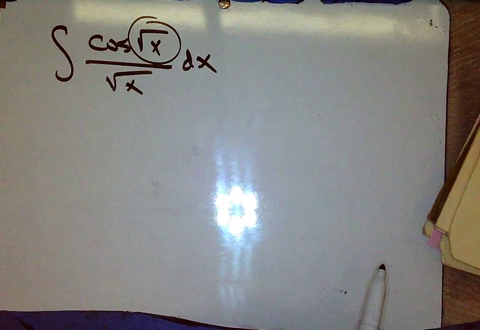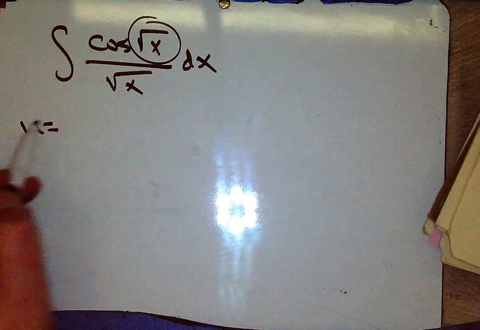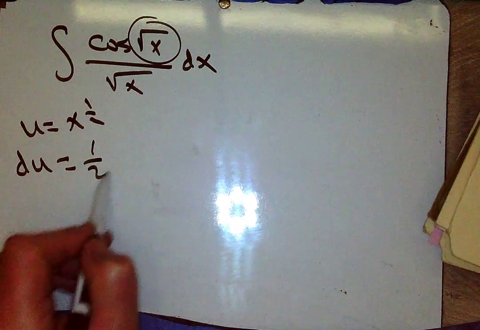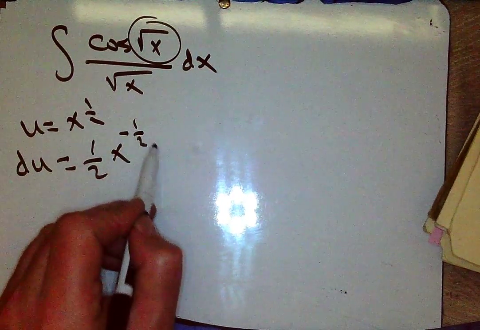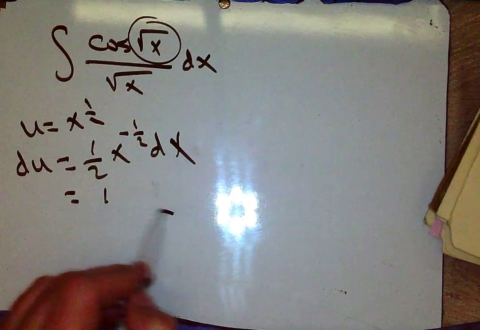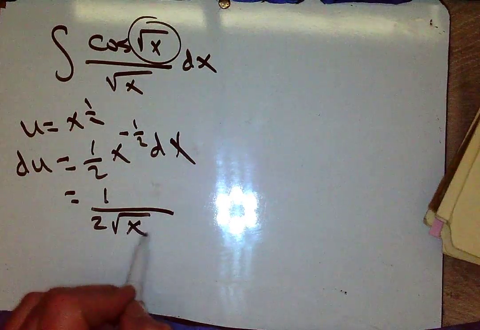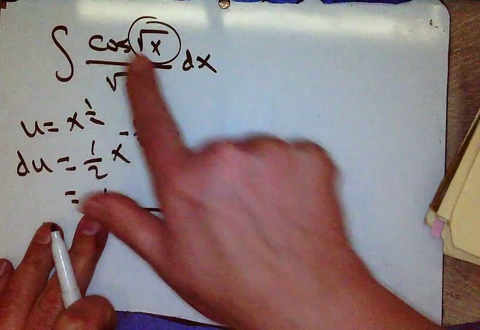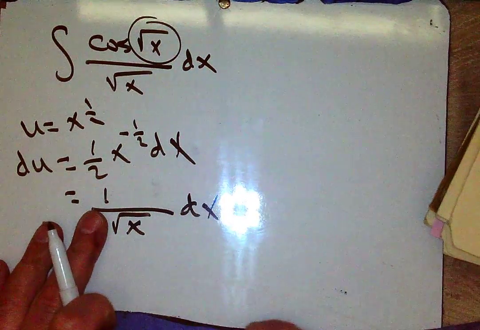Well, if u equals x to the 1/2, then du equals 1/2 x to the minus 1/2 dx. And that's the same as 1 over 2 square root of x dx. Well, if I put my finger over the 2, that's what all that stuff is.